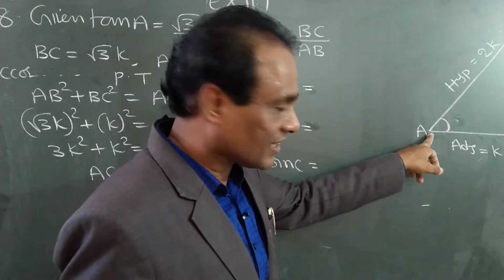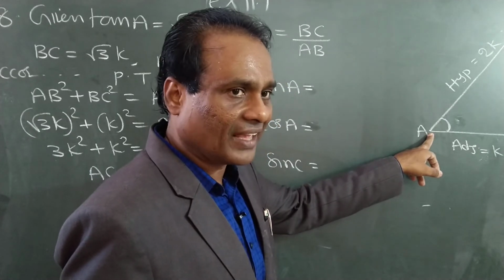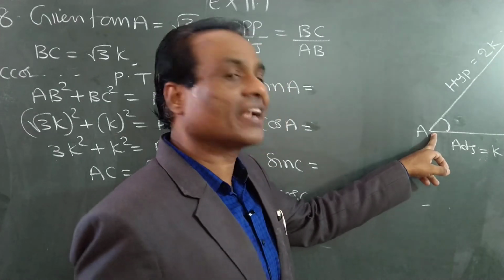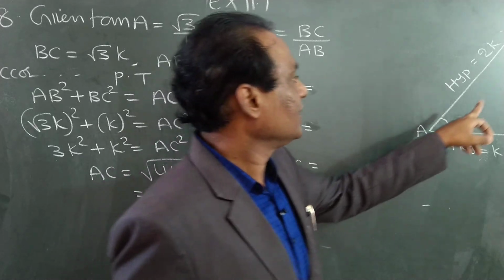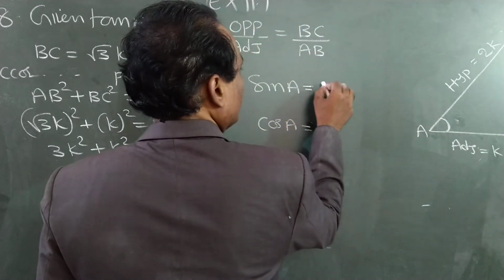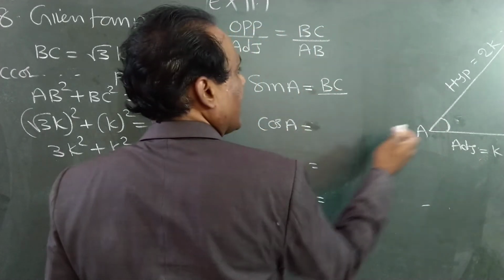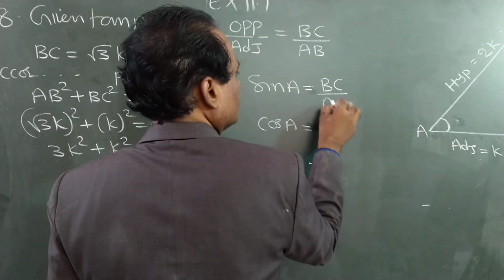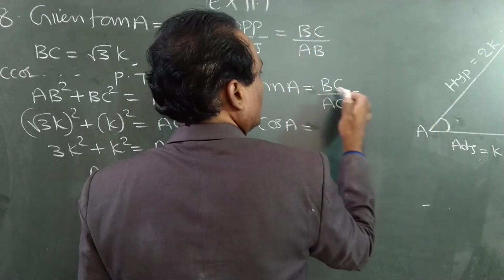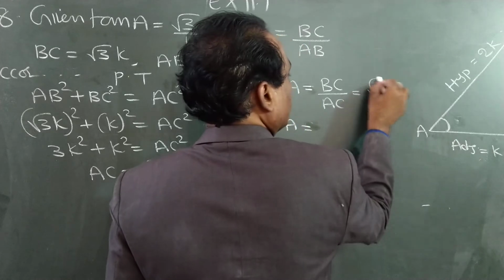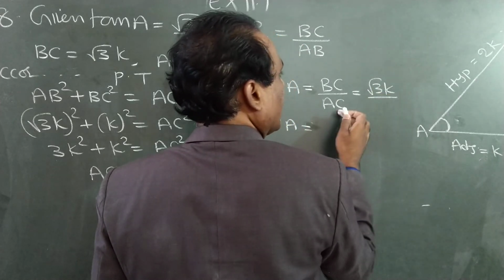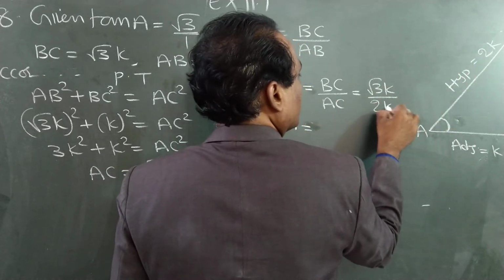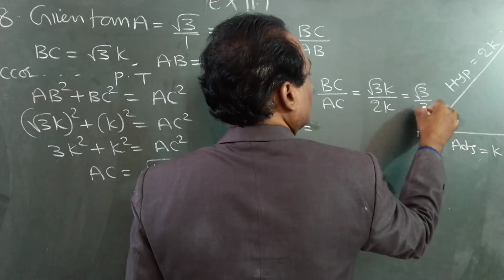A. A means this angle. For this angle, what is the opposite side? BC. By hypotenuse AC. Don't write. Opposite root 3k, hypotenuse 2k. K cancels, root 3 by 2.